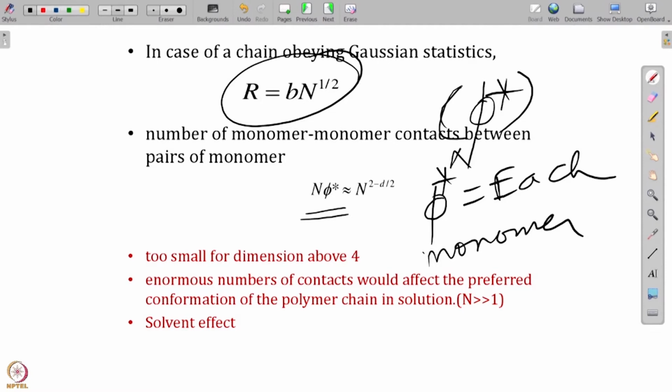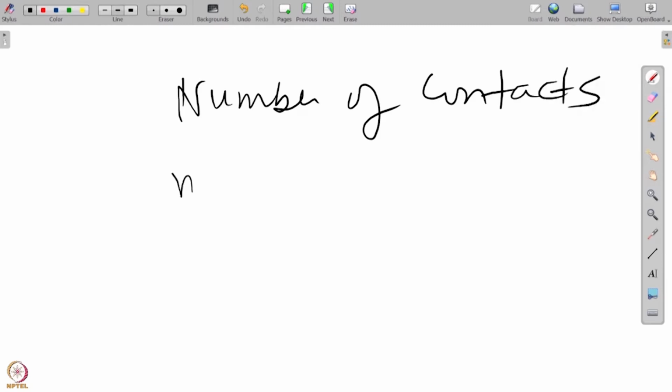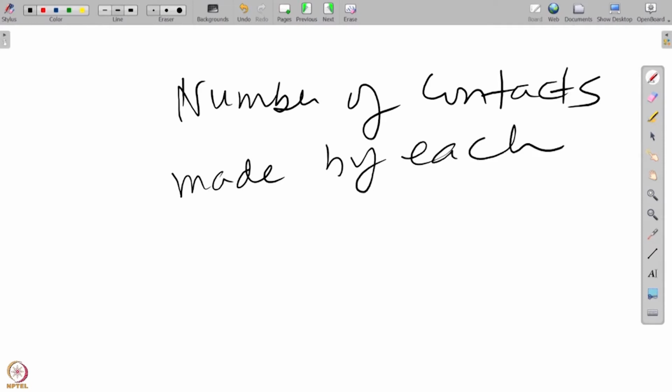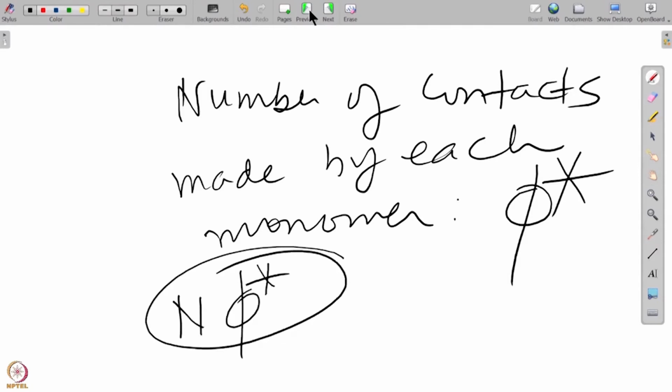So the number of contacts made by each monomer is phi star. So the total number of contacts for N monomers is N phi star. This is very, very important, and I will just show you how important it is.